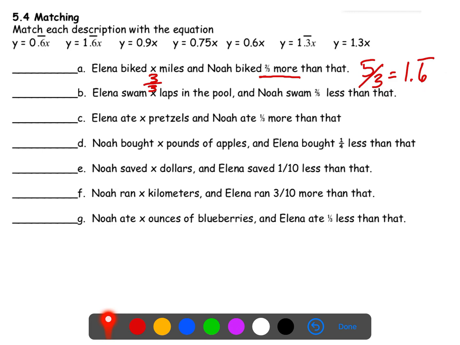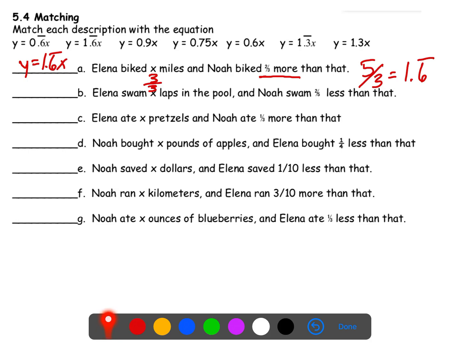That's because the calculator can't show you any more digits, and so it rounds the last number. A 6 is closer to rounding up, so it rounds that last number up to a 7 when it can't show you any more digits. But it's still really just a 6 that keeps going on and on and on forever. So we need to find that equation. It is right here, and that's going to be our answer to A. y equals 1.6 repeating x.